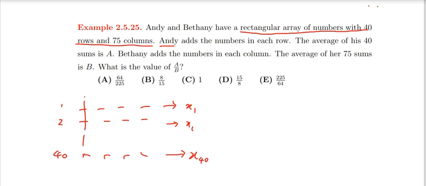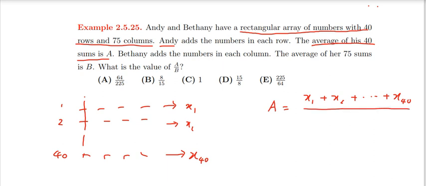And the average of these 40 sums is A. So A equals the average of those 40 sums, or 40 numbers, x1 plus x2 plus up to x40, over 40. So this is A.